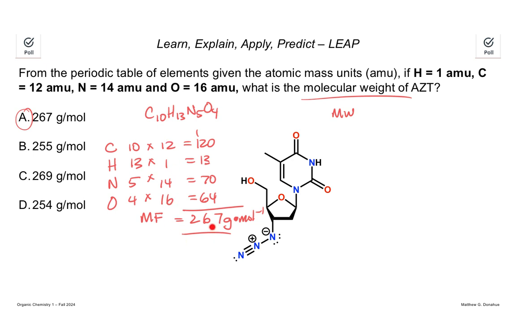But what if we were presented the data in a different way? What if you were given this number? Could you then go back and figure out this? And then from the molecular formula, could you propose a structure? So in organic chemistry, the questions can get a little bit more in depth in the sense of how they're asked, how you're asked to solve them. And you have to be very flexible in your thinking patterns.